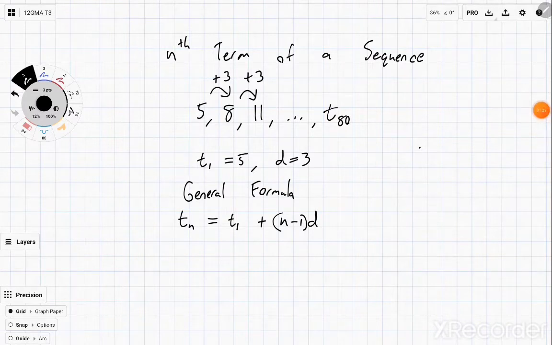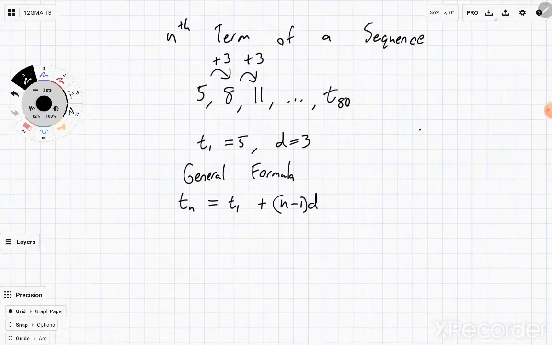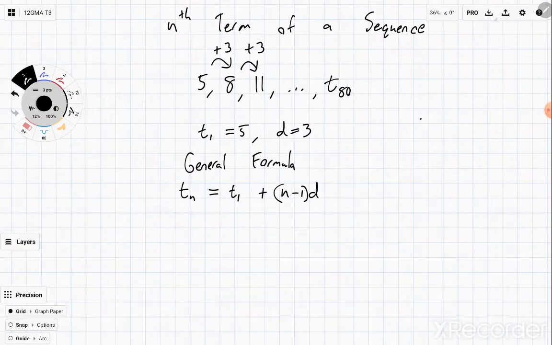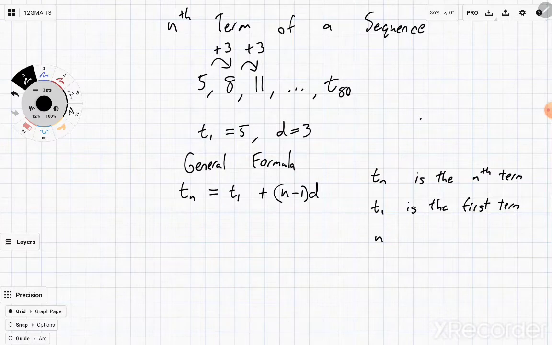On top of that, it's in fact a rule that is on your formula sheet. So it is not one that you have to memorize, but it's also not a particularly complicated rule. So what do we have? We have 4 things here. Tn is the nth term. T1 is the first term. n is the term number, so it's basically which number of the sequence is it?